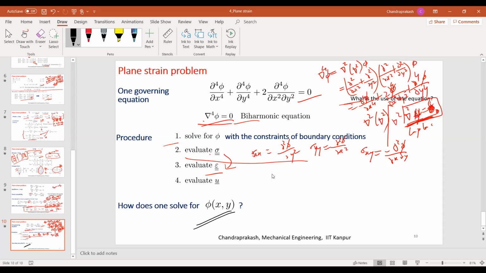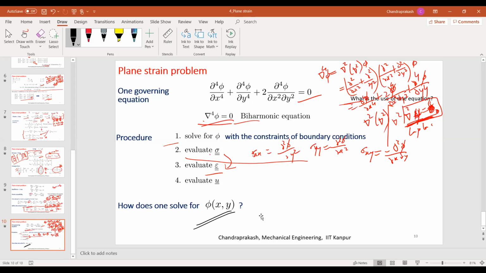So it is sufficient if you analyze the motion or the deformation of one cross section of that object. And we ended up with one governing equation in terms of the Airy stress function, right? How we solve it is the only suspense.